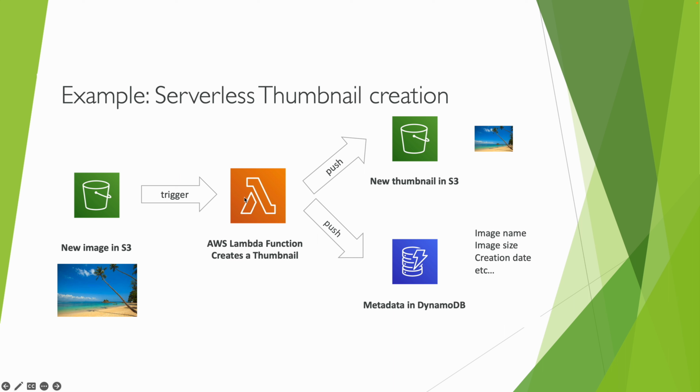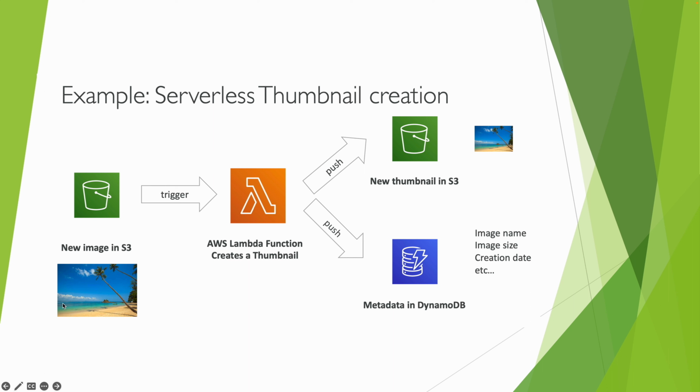So this Lambda function can do several things. You can write a Lambda function which creates a thumbnail. That means it takes the image uploaded in S3, converts it into a thumbnail, and probably stores it in another S3 bucket. Another thing is, when you put an object in the S3 bucket, you can trigger a Lambda function that will add the data of this image to a DynamoDB database, okay.